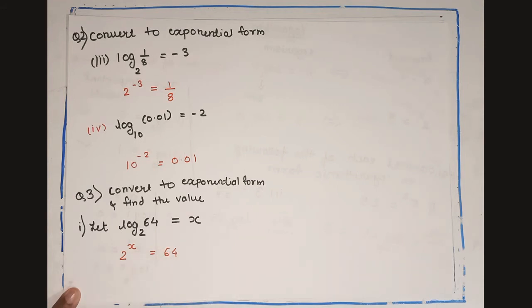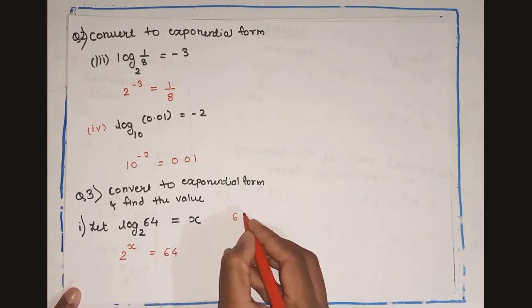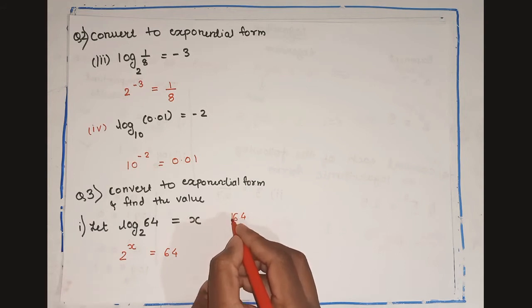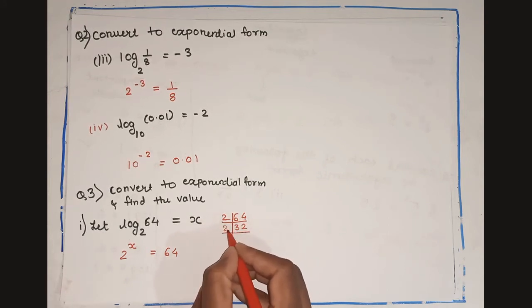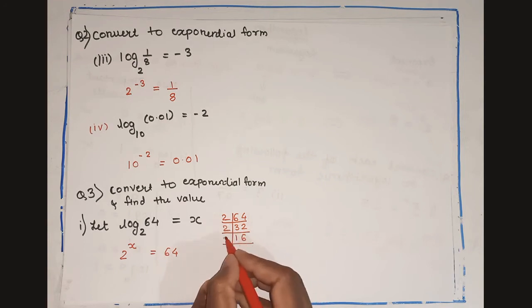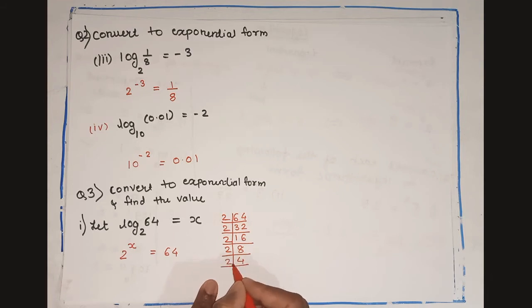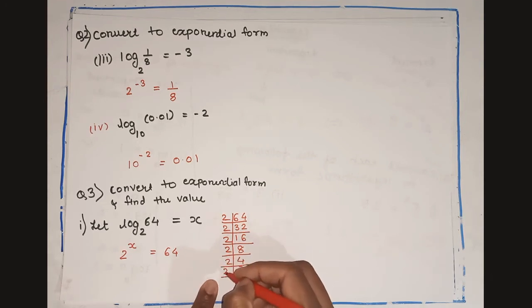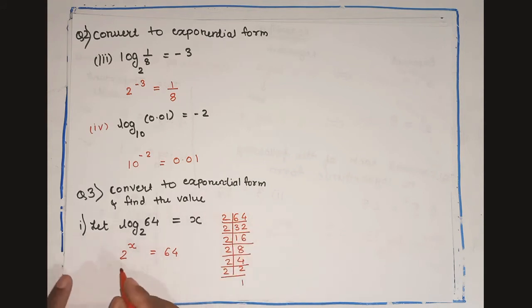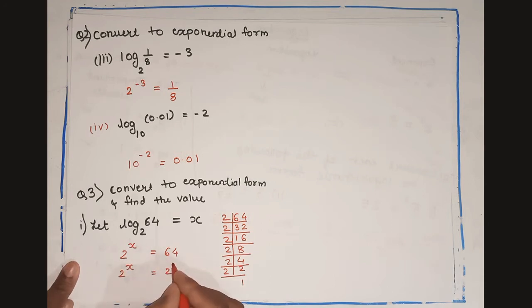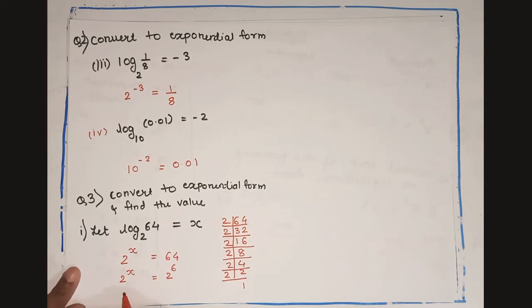Okay, now you find out the prime factors of 64. 2 3s are 6, 2 2s are 4, 2 1s are 2, 2 6s are 2... the prime factors are 2 to the power 6. 64 is 2 to the power 6, so what are you getting?